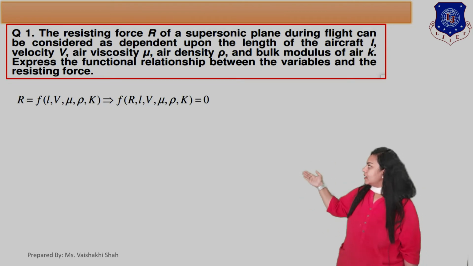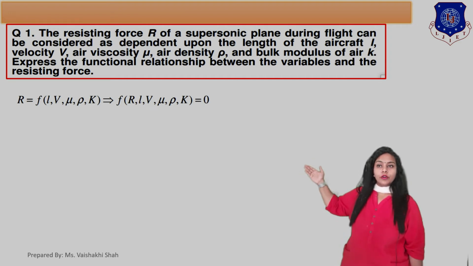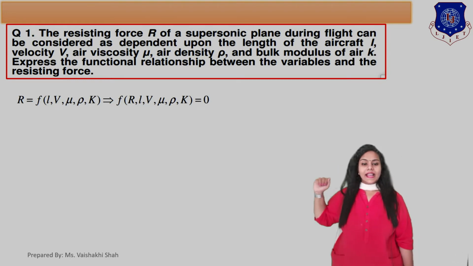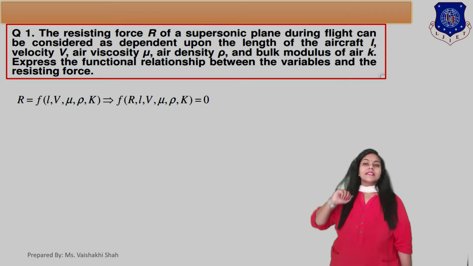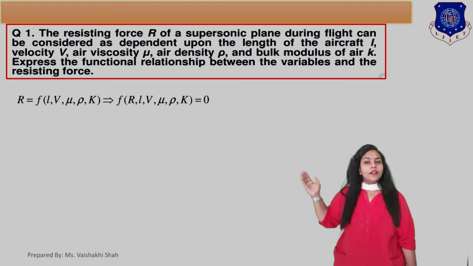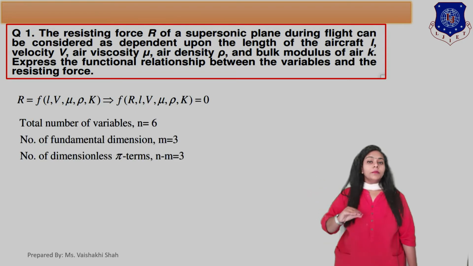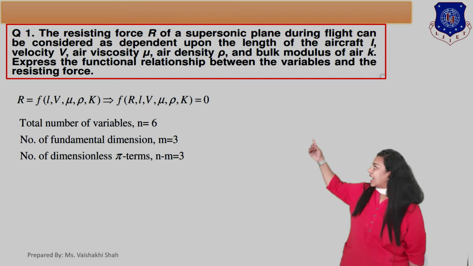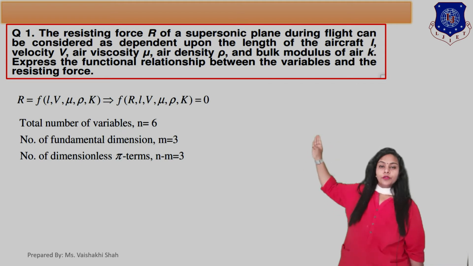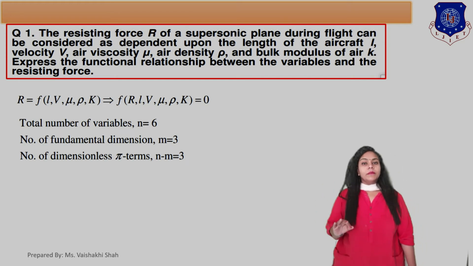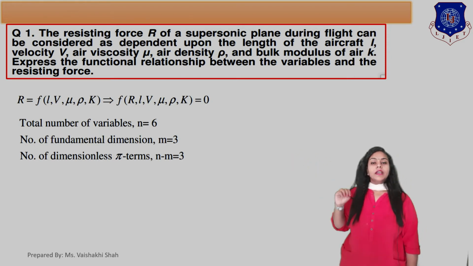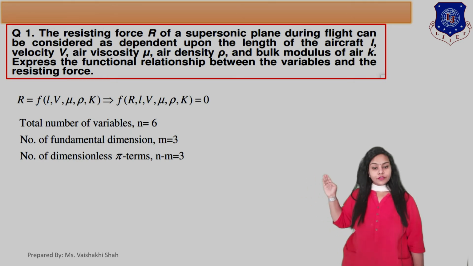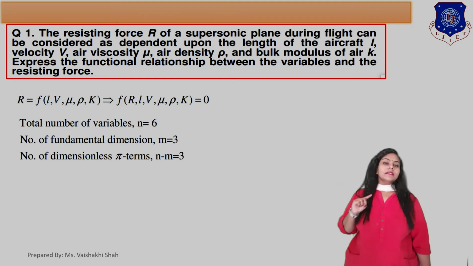So R is a function of L, V, mu, rho, K, which is written as a function of R, L, V, mu, rho, K equals 0. Here the total number of variables is n equals 6: R, L, V, mu, rho, K. The number of fundamental dimensions is m equals 3, which are M, L and T. So the number of dimensionless pi terms is n minus m equals 3.